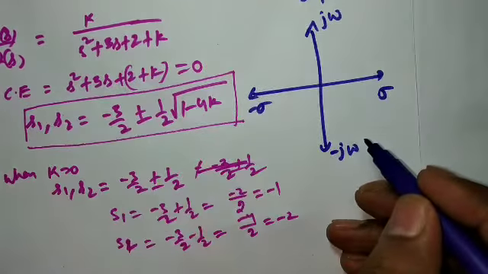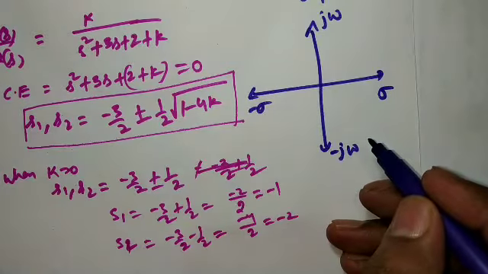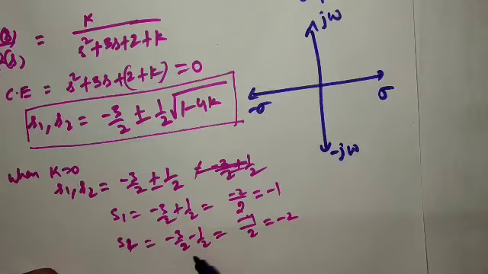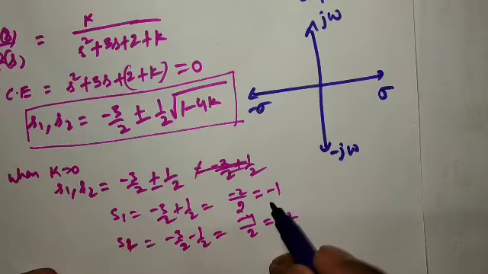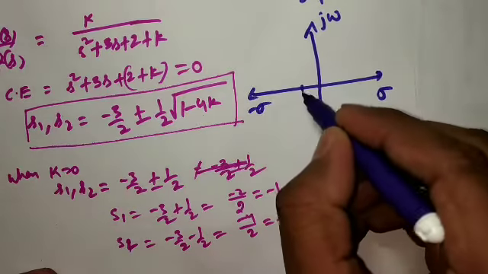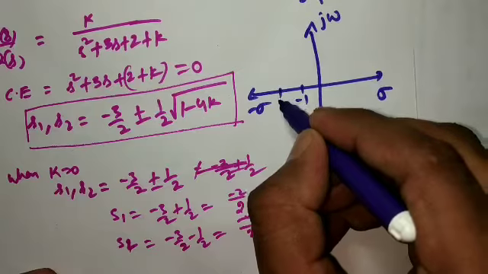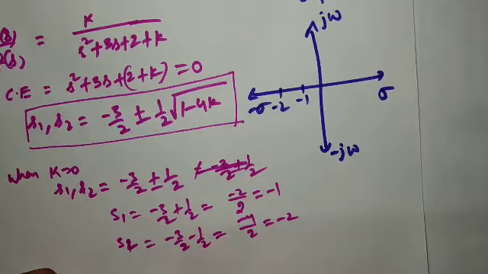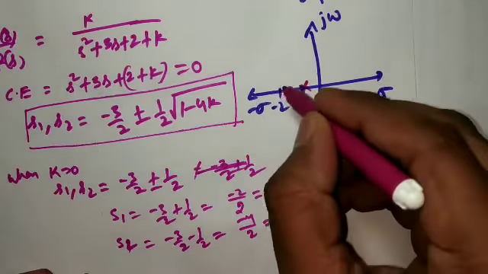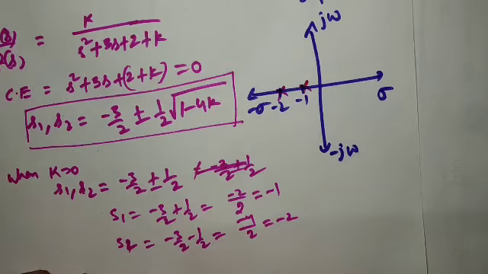Okay. So when K is equal to 0, the poles are s is equal to minus 1 and s is equal to minus 2. If you just see, this one is minus 1 and this one is minus 2. So your poles are located at K equal to 0, at minus 1 and minus 2.